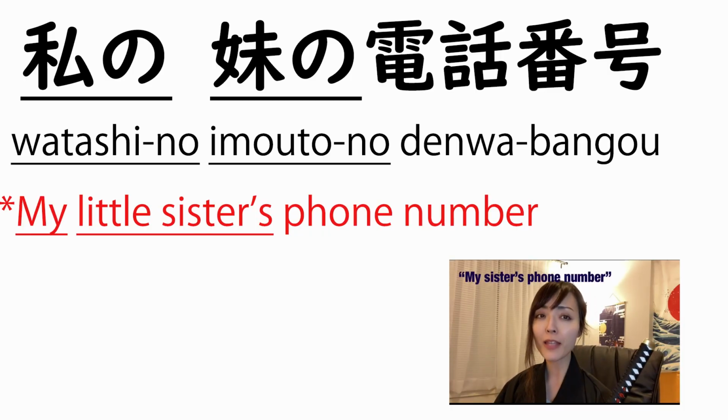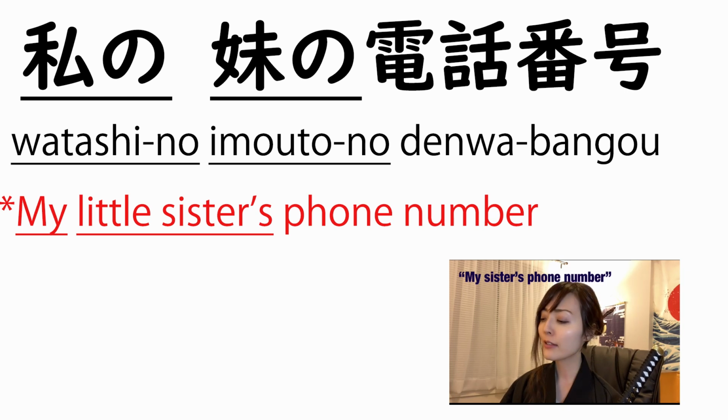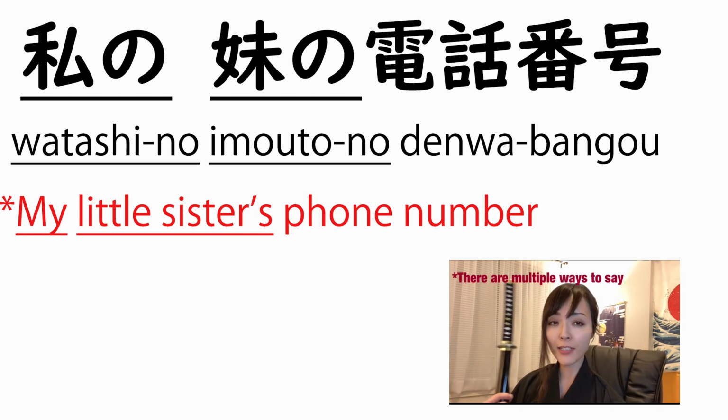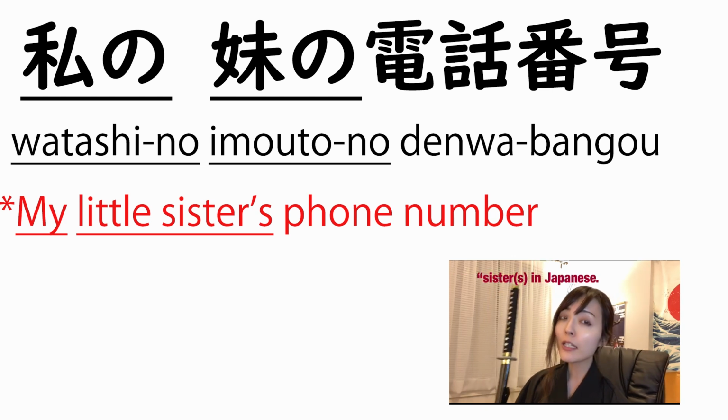私の妹の電話番号。My sister's phone number. Actually, there are multiple ways to say sister in Japanese. If it's a little sister, it's always 妹. But if it's a big sister, you'd say 姉 for formal Japanese, or you can casually say お姉ちゃん or お姉さん.